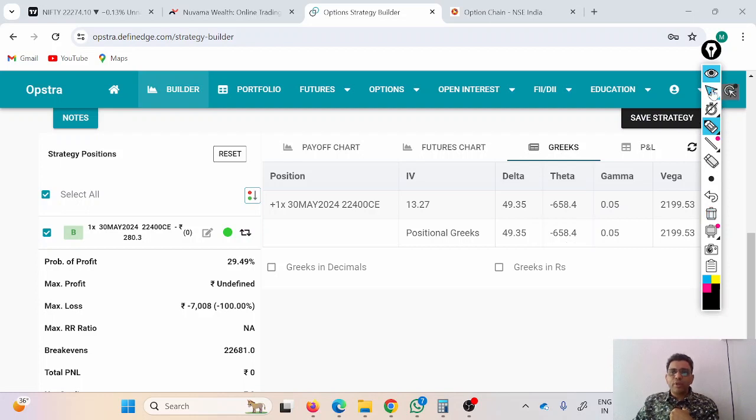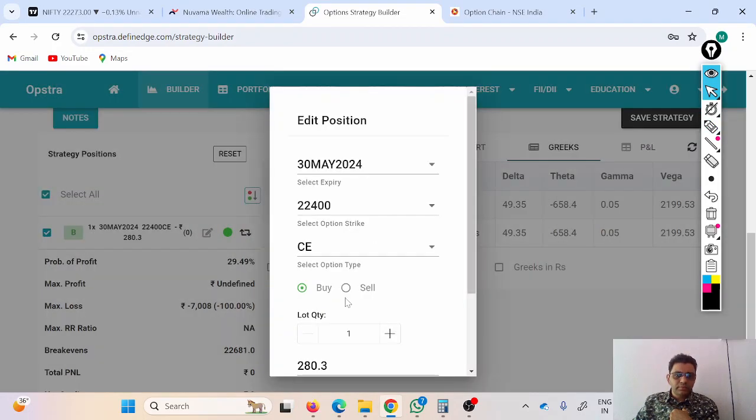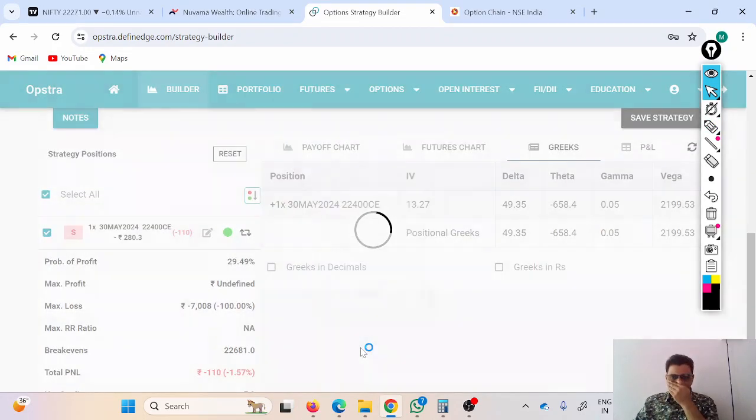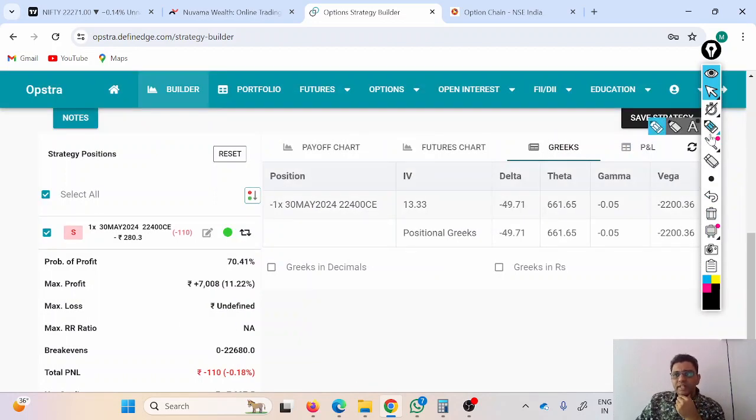Let's say instead of buying, if I would have sold this option, then this theta would have been positive over here. That means I will be getting that amount if all other Greeks are inactive. This is a simple thing.